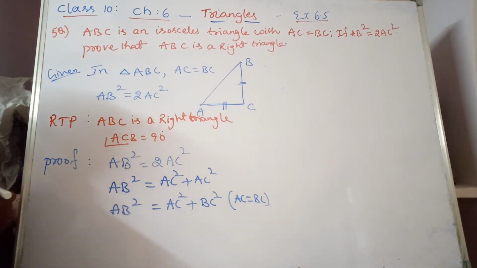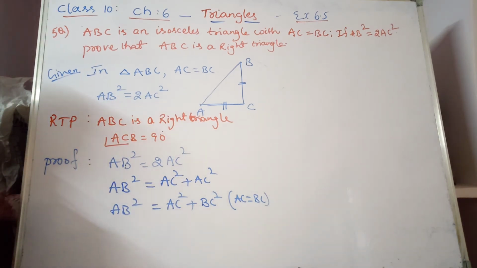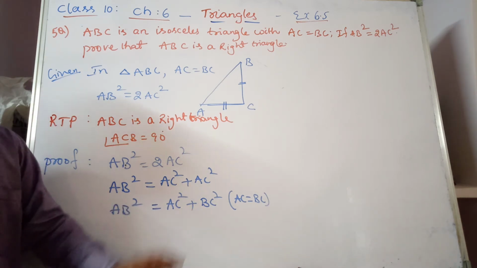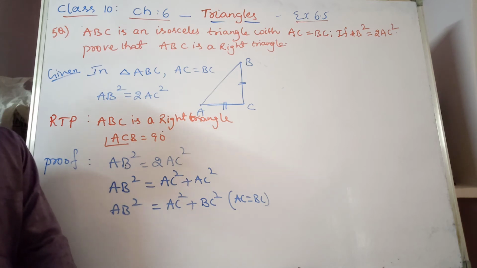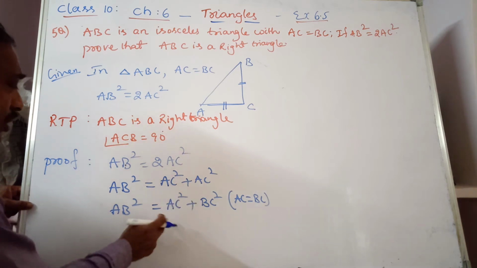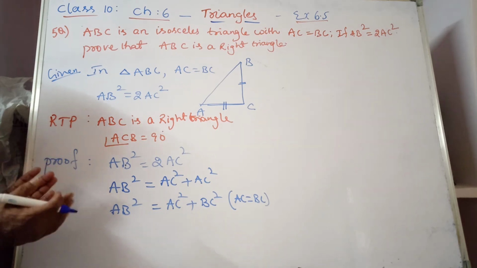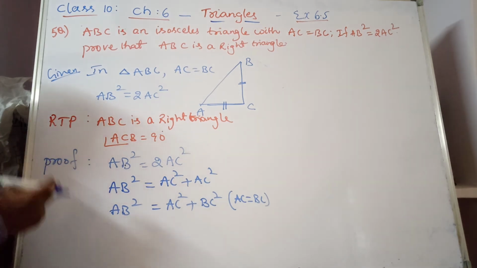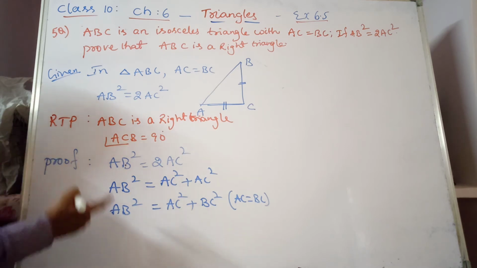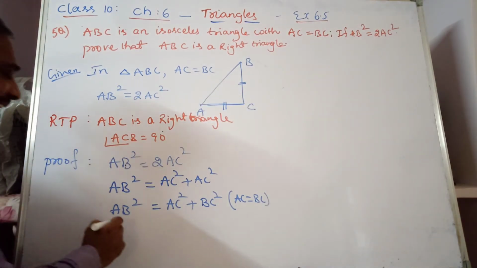Now you observe it. In a triangle, AB square is equal to AC square plus BC square means the square of one side is equal to the sum of the squares of the other two sides. It happens only in a right triangle. Pythagoras property. So by converse of Pythagoras, if the square of one side is equal to the sum of the squares of the other two sides, then the angle opposite to the first side is 90 degrees.